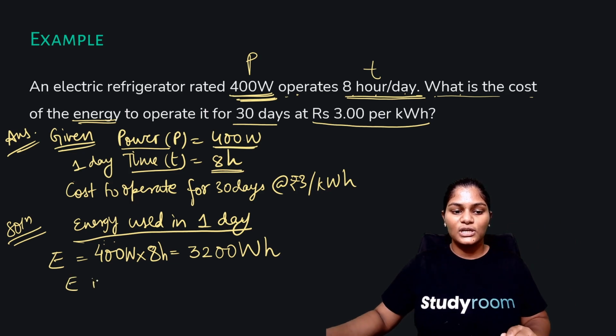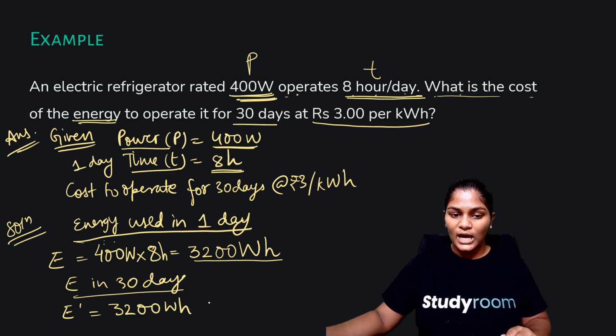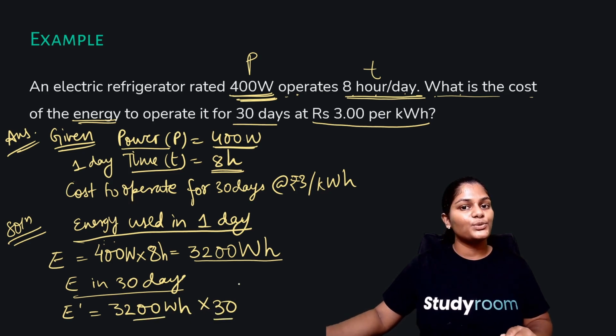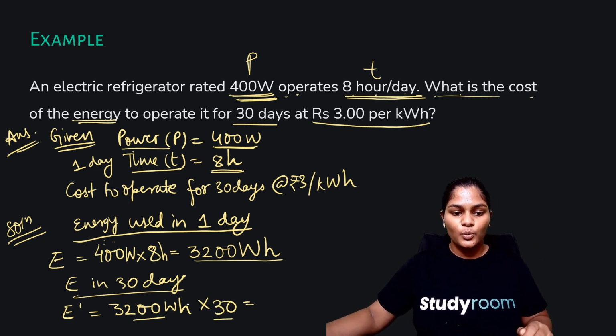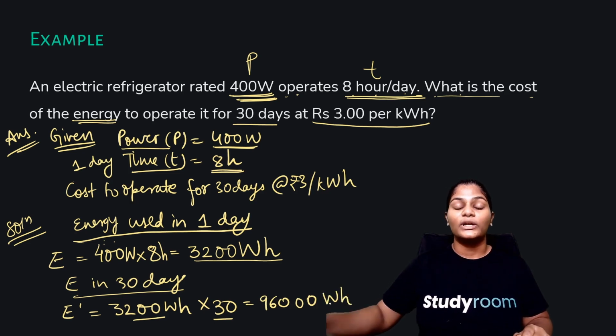Okay, so the energy used in 30 days, write the whole sentence, E dash, this is the 30-day energy, is equal to this 1 day energy, which is 3200 watt hours times 30. 1 day's energy times 30 gives me 30-day energy. So what does this become? 3 2s are 6, 3 3s are 9, 96, and 3 zeros. This is still watt hours.